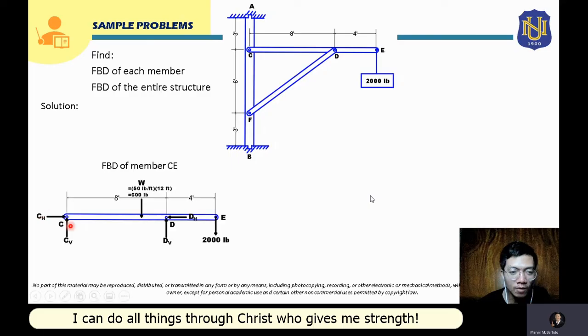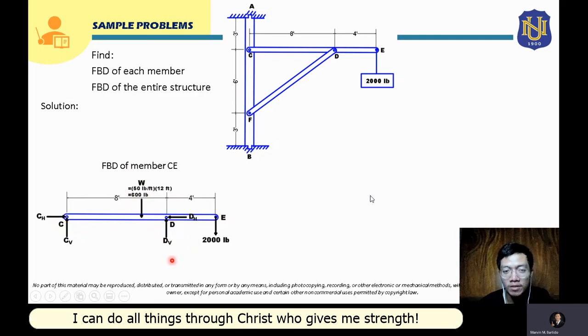Also, this CV, we will assume that it is directed upward, since we also have the weight W here, so this vertical reaction is supposed to be supporting this weight W as well.